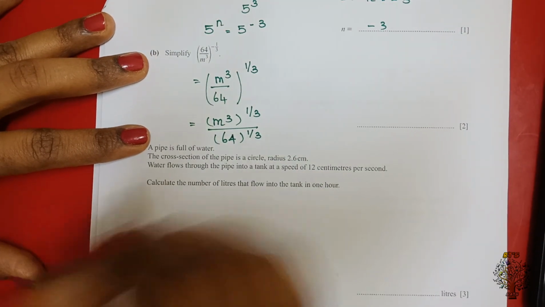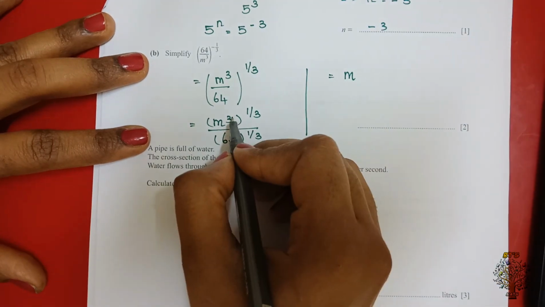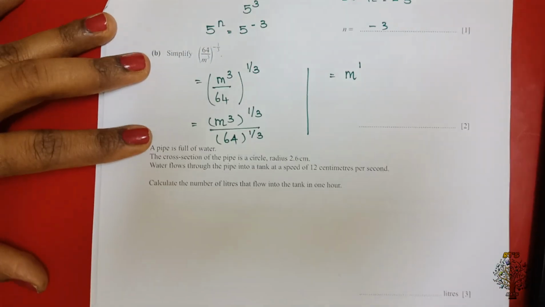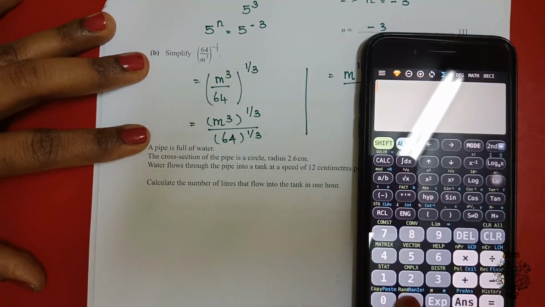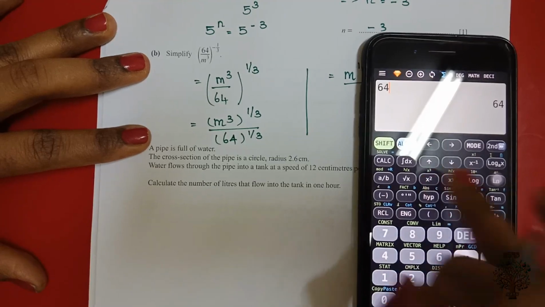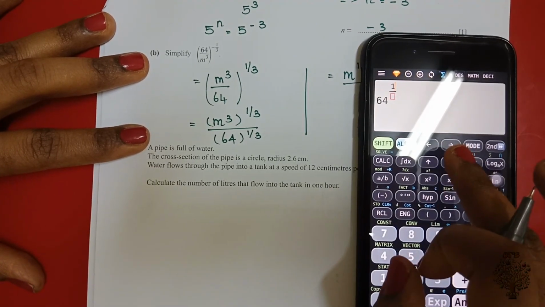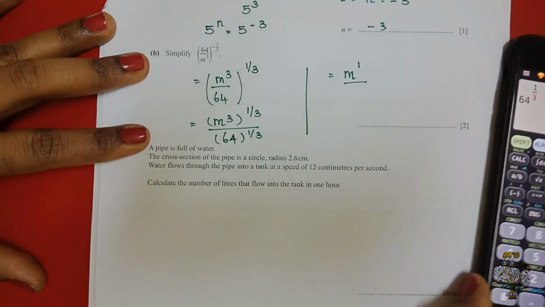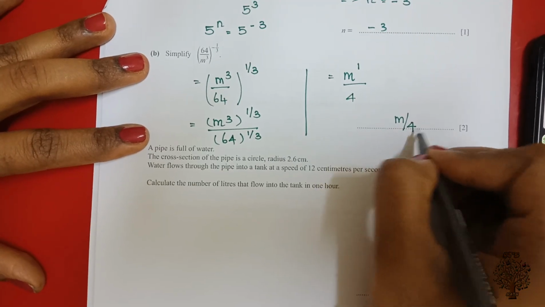Then I'll be writing here m to the power 3 and the 3 will get cancelled, 3 multiplied with 1 by 3. The same concept. So power 1 divided by just 64 to the power 1 by 3. So what do we have? 4. We will be writing 4. Our answer is m divided by 4.